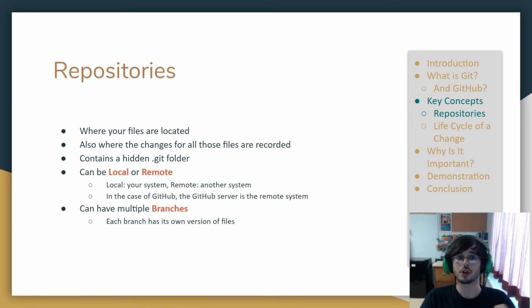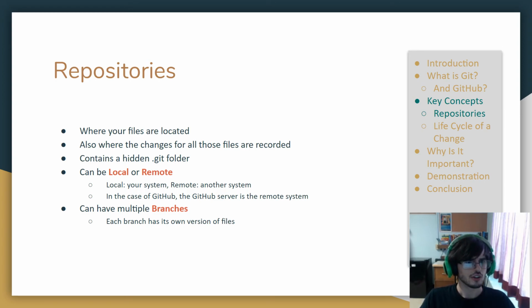Well, we might create a branch for each of those features, so we can have one person working on feature A and one person working on feature B. And GitHub gives you a way to view all of these branches simultaneously and switch between different versions of the same file.